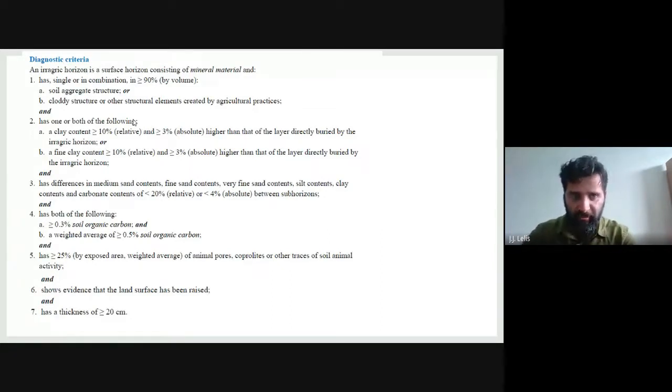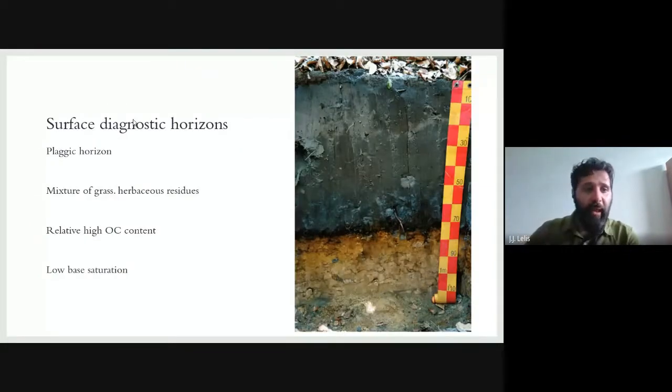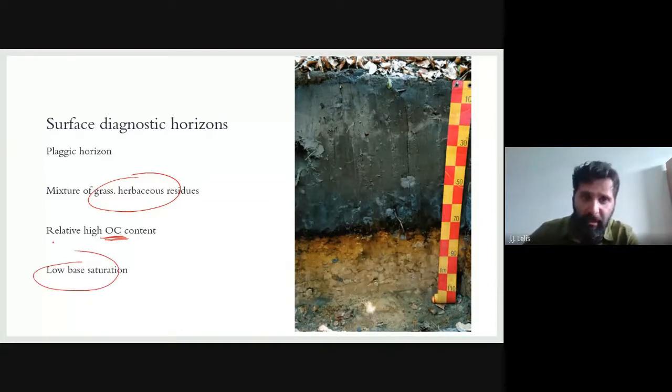Just in this case, but if we have the data of the other horizons, we just need to compare the content of the fine materials in the surface and subsurface materials, okay? The pretic horizon is a mixture of organic materials with a high content of organic carbon and presents a low base saturation. So maybe it's a pretic horizon. Let us see.